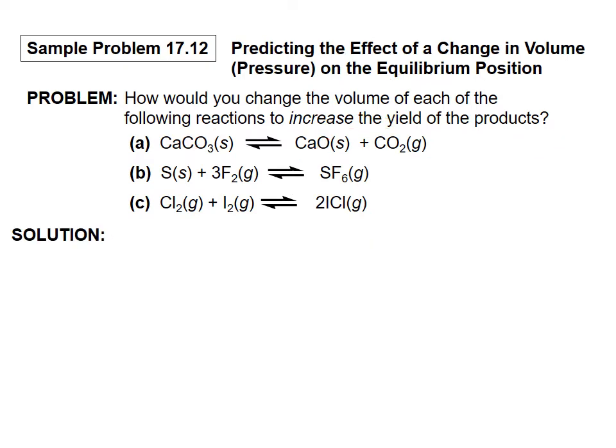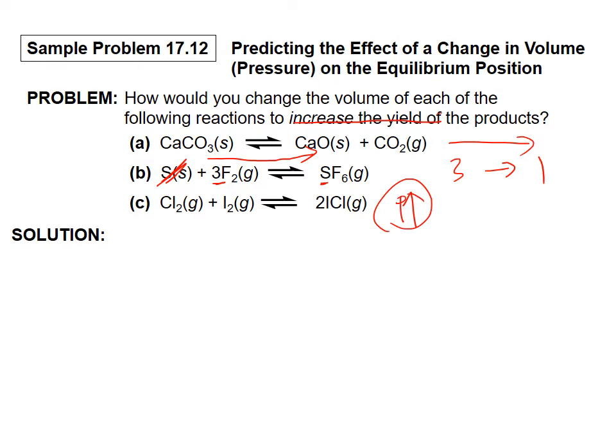Let's look at B. Again, we want to increase yield of the product, which means we want the reaction to go forward. And we look at the number of moles change. Solid doesn't count. So 3 gas molecules become 1 gas molecule. So 3 goes to 1. If the reaction goes forward, the number of moles decreases, which has the effect of decreased pressure. According to the Le Châtelier principle, the reaction decreasing pressure is a response to a disturbance in which pressure must increase.